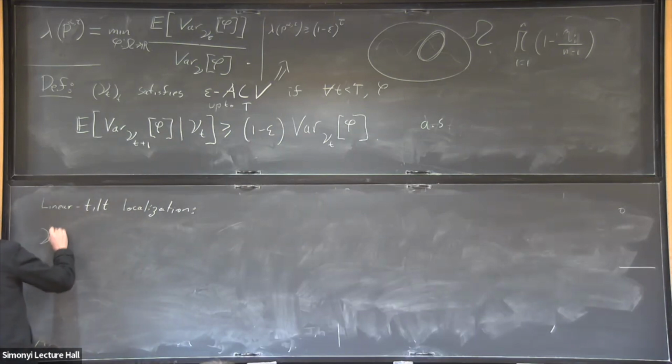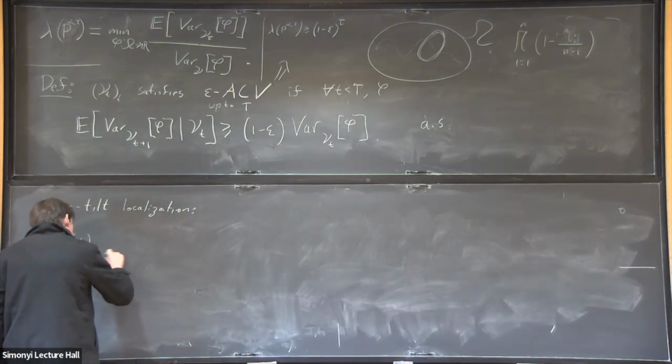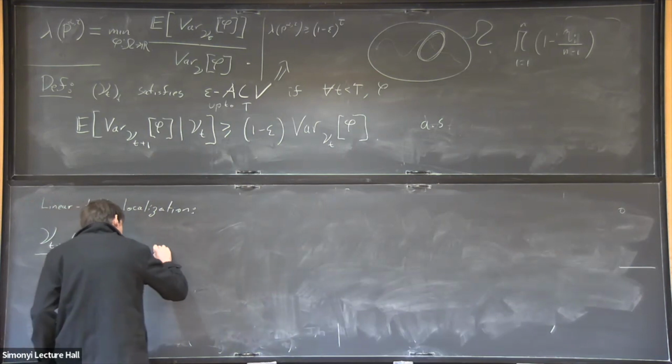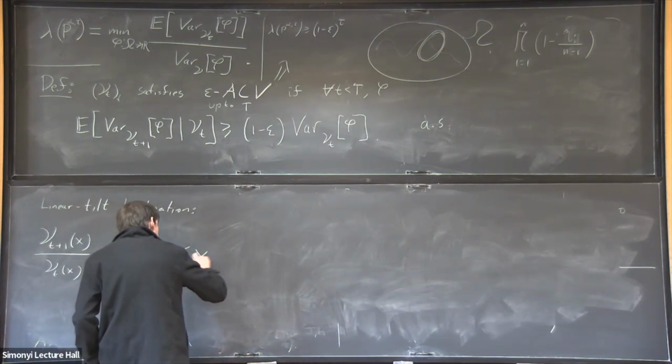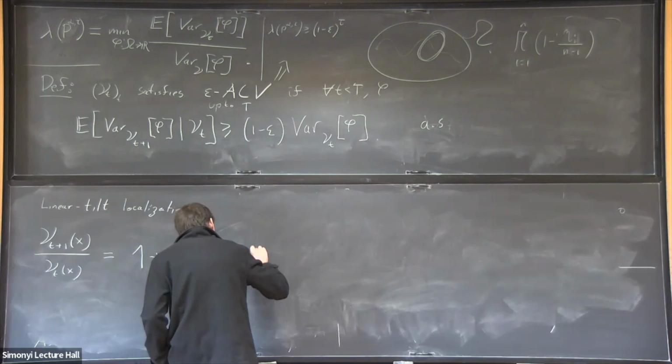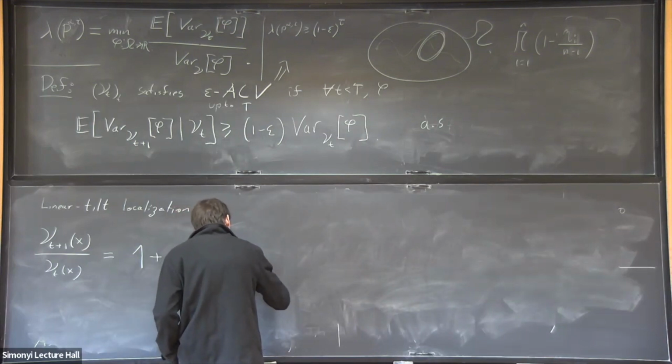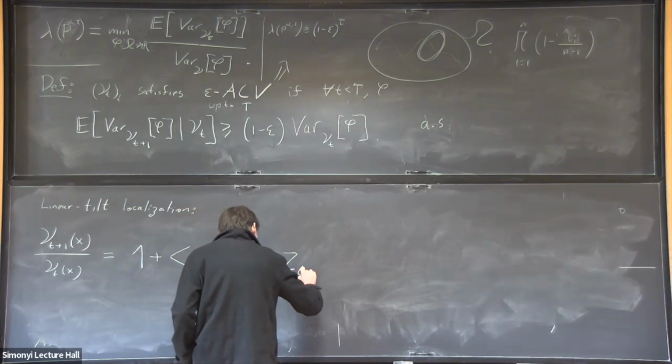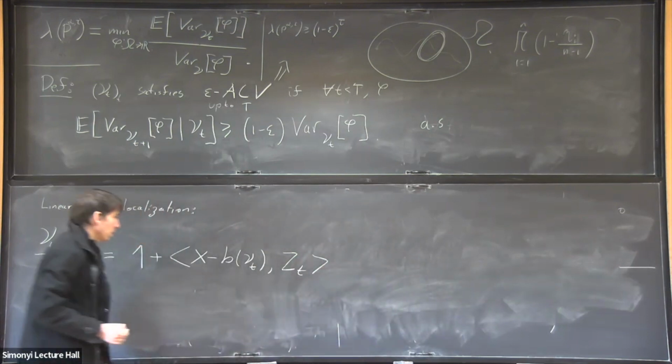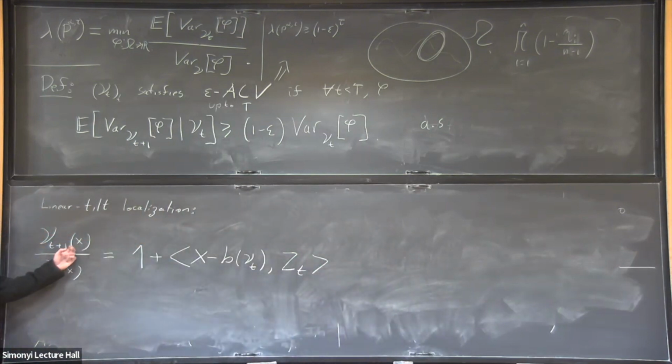So nu t plus 1 of x over nu t of x, to get from the measure at time t to time t plus 1, is equal to 1 plus, this is going to be the last formula that I write today. It has this form. Again, it could be continuous time, but this is the discrete time version.